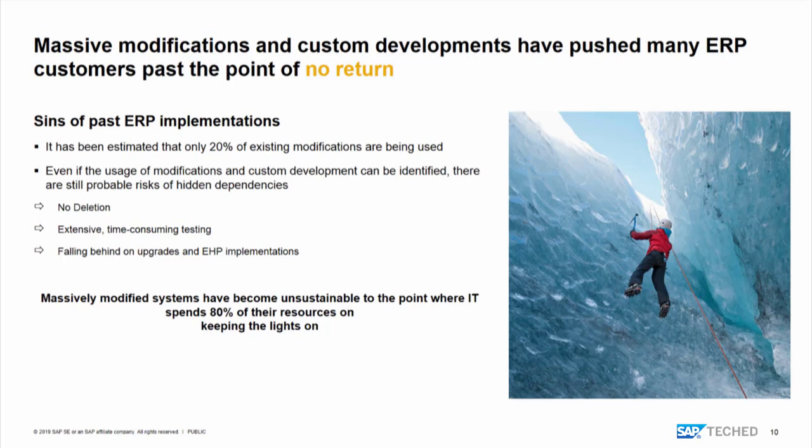Could be also an on-premise on a managed service capacity to maybe reduce the total cost of operations. But if you are then willing to look at, I will retrofit the standard, meaning I will retrofit the core modifications that I have, I will go to standard processes, then the cloud could potentially be a very good option for you to deploy it.